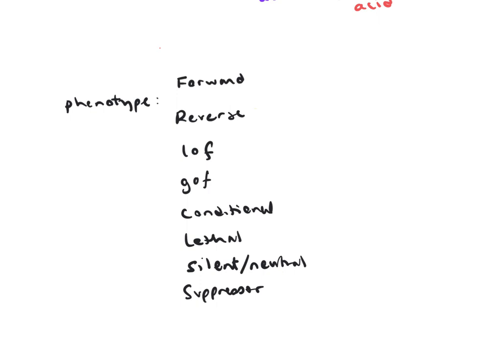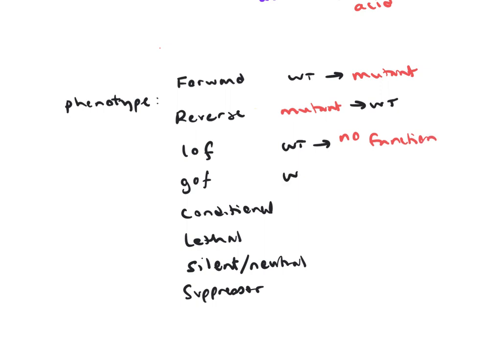Then describing the phenotype might be more challenging, because there are more ways that we can talk about the effect of a mutation. Typically, forward mutations are actually creating the mutation itself, and reverse mutations are going back to wild type. LOF refers to loss of function, where the wild type function of the protein is now no to little function. Gain of function, GOF, is a little different.